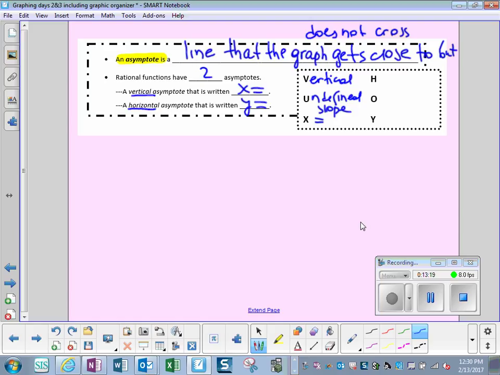And then the HOY is what? Horizontal line, zero slope, and y equals is your formula. Very good.